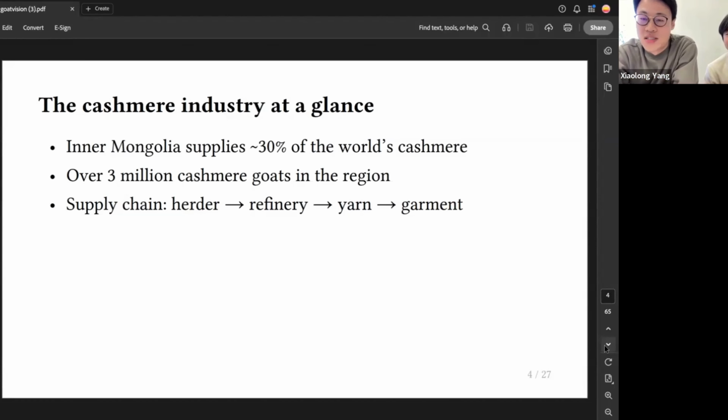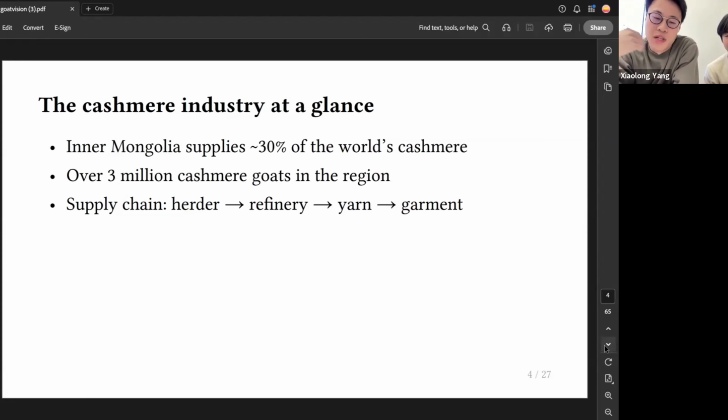And because, as you see, Inner Mongolia alone supplies 30% of the cashmere, it is a very well capitalized industry, right? At the very bottom of the supply chain, you have the goats and the goat owners, who are goat herders.